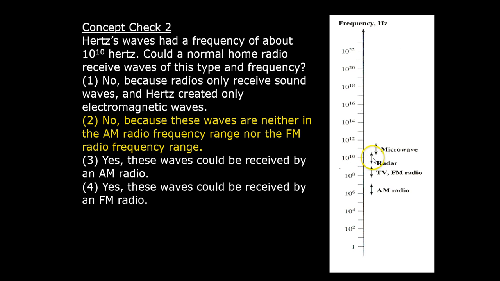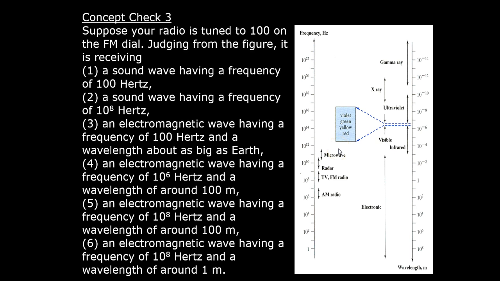So we could not receive waves of this type and frequency with our radios because it's not a radio wave, it's a radar wave, right? I mean, FM is like 10 to the 8th, 10 to the 9th, AM 10 to the 6th, 10 to the 7th, you know? So 10 to the 10th is radar. Okay, another one.